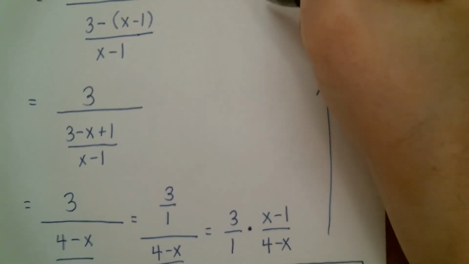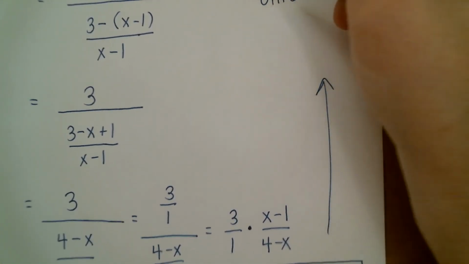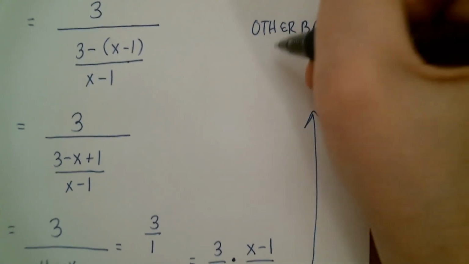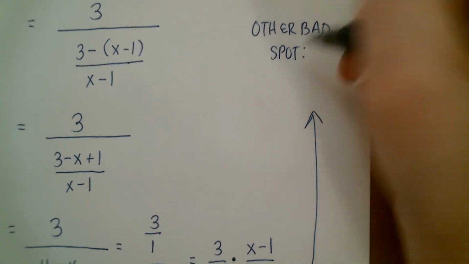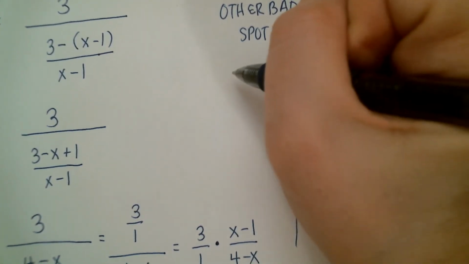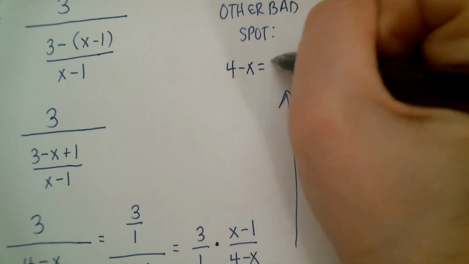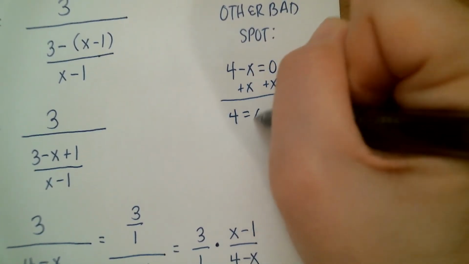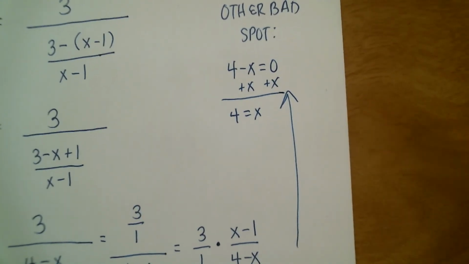Your other bad spot will come from setting the denominator equal to 0. So when does 4 minus x equal 0? Move the x over. Your other bad spot is 4.